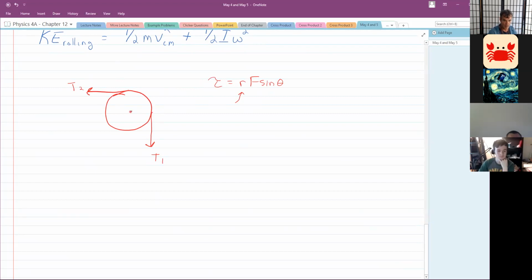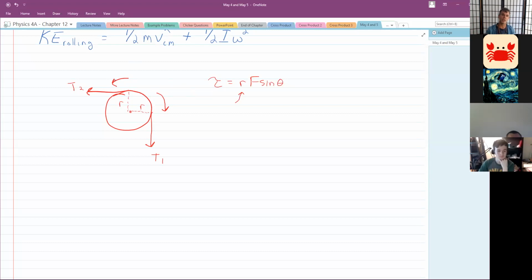If these tensions, T1 and T2, were exactly the same, there would be no net torque. T1 would be causing this object to want to rotate clockwise. T2 would be wanting this object to rotate counterclockwise. And if the tensions were the same, the torque on each side would be the same.